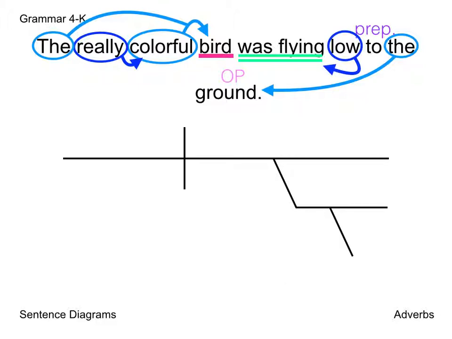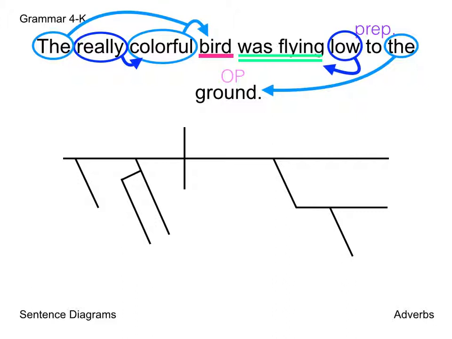And then of course we have a describing word for bird, we have a second describing word, and then off of that we have our adverb. Notice how this looks exactly like what we've already done, an adverb describing an adverb. It's just an adverb describing an adjective because that initial diagonal line is coming off of the subject, which is going to be a noun. So really a very similar diagram to what we've already made.